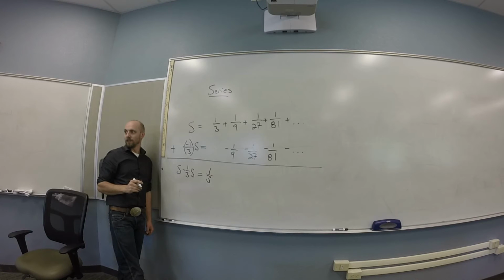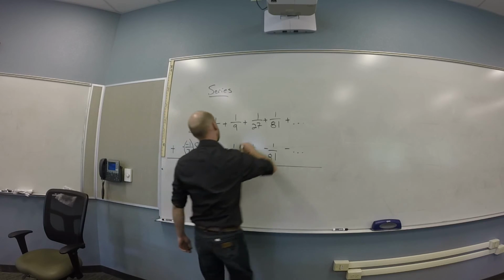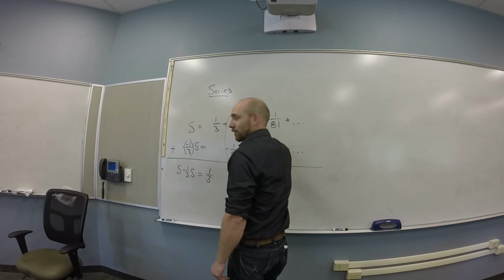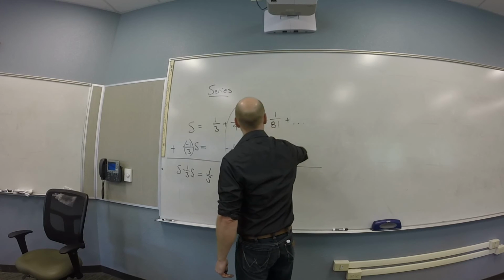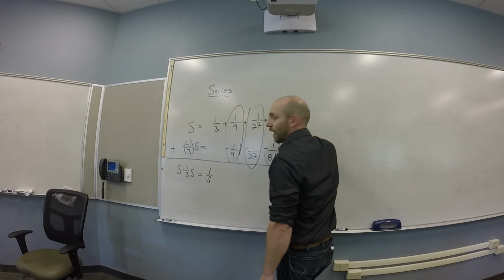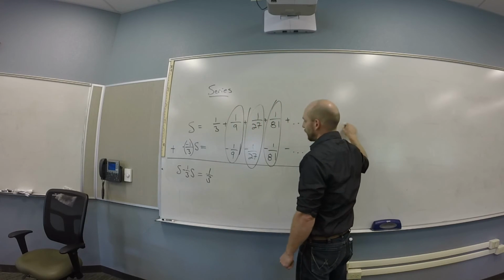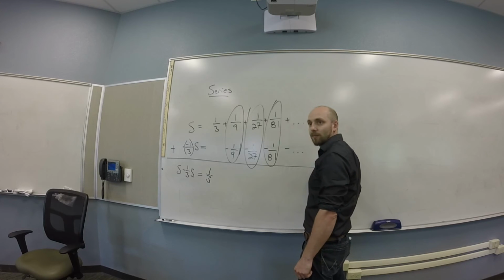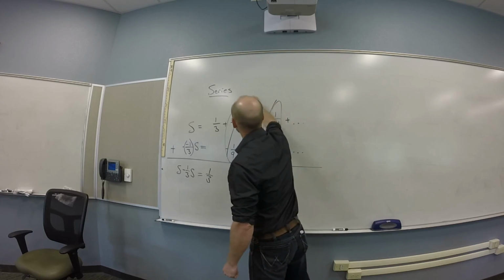You guys see that? This thing's now what's called a telescope. See, these two pieces collapse. These two pieces collapse. These two pieces collapse. Every piece that's in the top is going to have a corresponding piece at the bottom to collapse with. So all of these are going to add to 0.